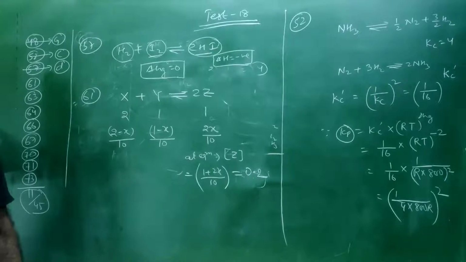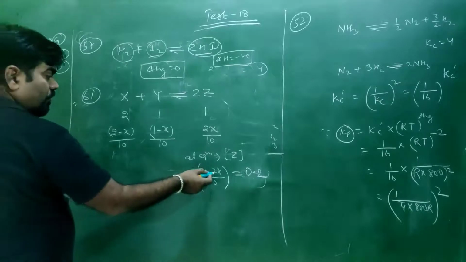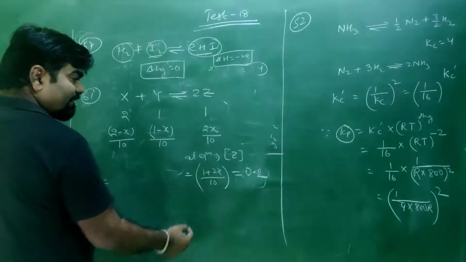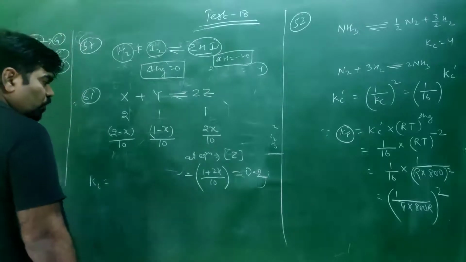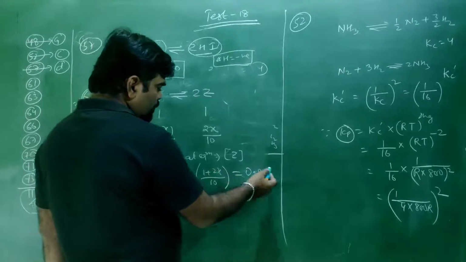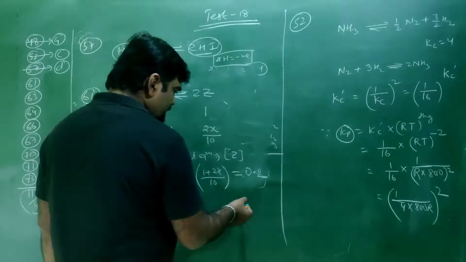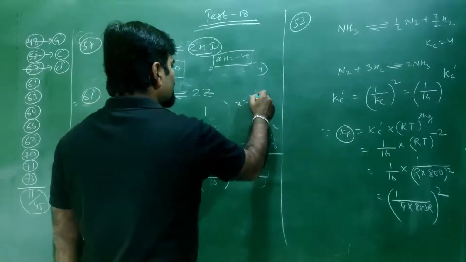Now we will calculate Kc for the reaction. If we use this, we will get the value of x. 1 plus 2x by 10 is equal to 0.2, so 1 plus 2x is equal to 2, 2x is equal to 1, then x is equal to 1 by 2. So x is equal to 0.5.